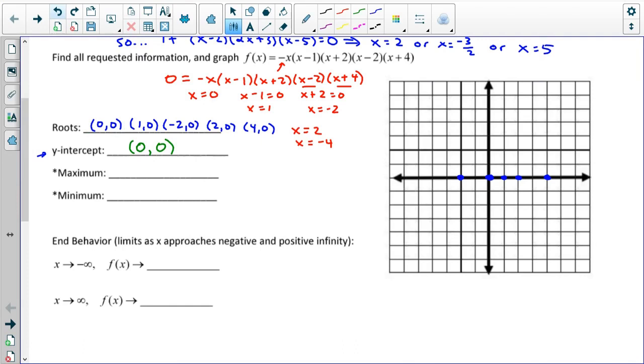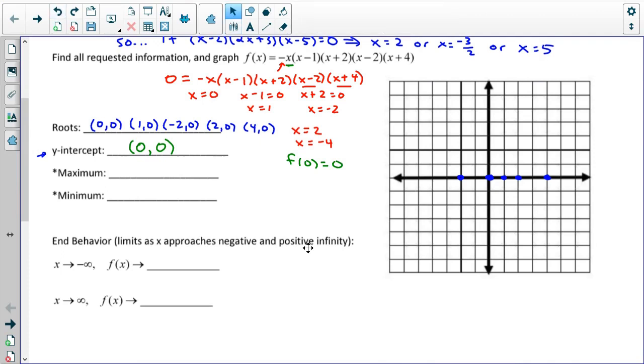But even if I just did f of 0 right away, I would get 0 pretty quickly, because 0 times everything is 0. So we have a general idea as to what this graph is going to look like in terms of where the intercepts are. But now we have to figure out what it's going to look like otherwise.